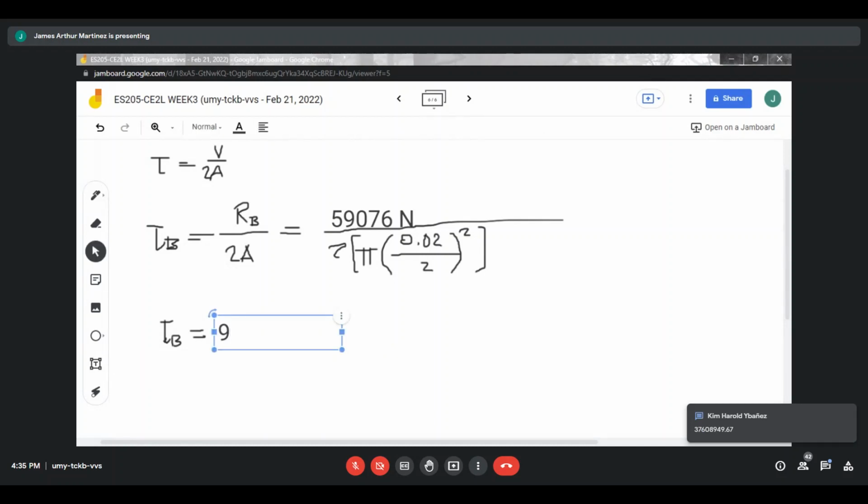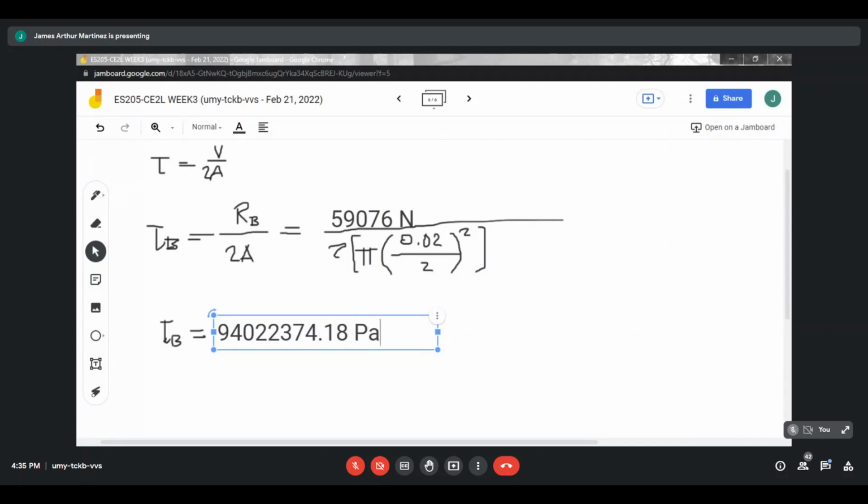So you have 94 million 0.22374.18. This is in Pascal, because our force is in terms of Newton, divided by meter squared. Newton per meter squared is actually Pascal. Or we can express this in terms of kPa or MPa. So for MPa we just move it by 6 decimal places. So you'll have 94.02 MPa.